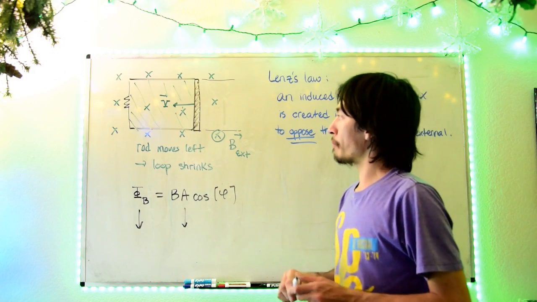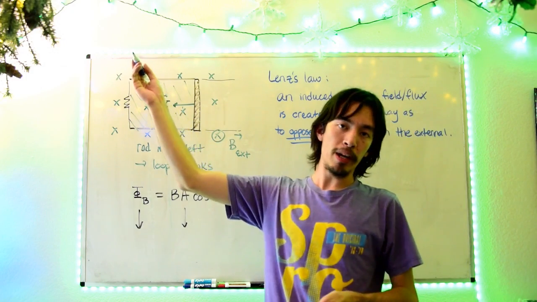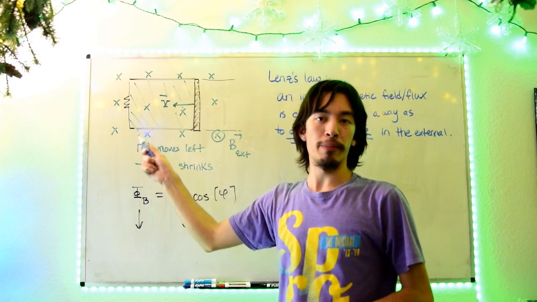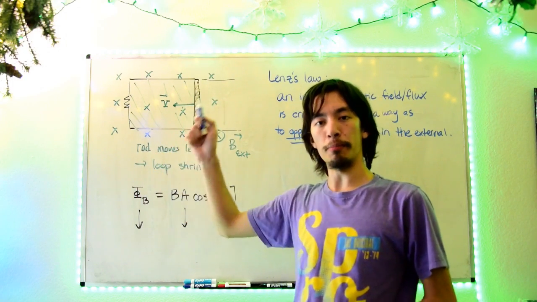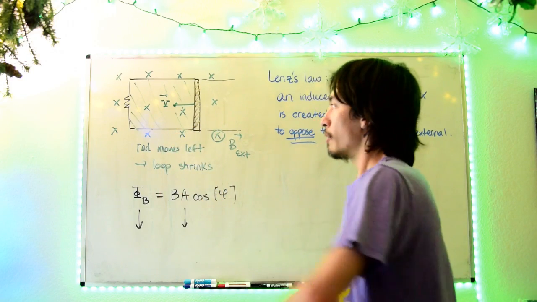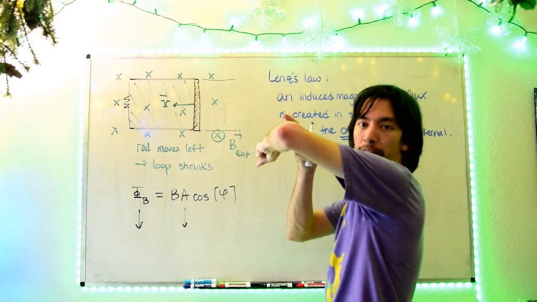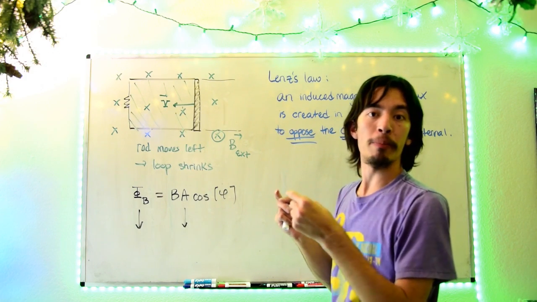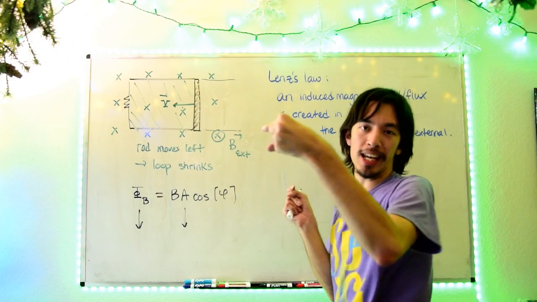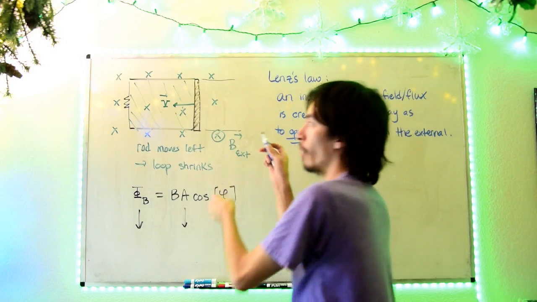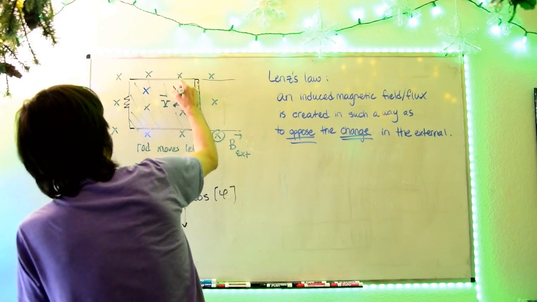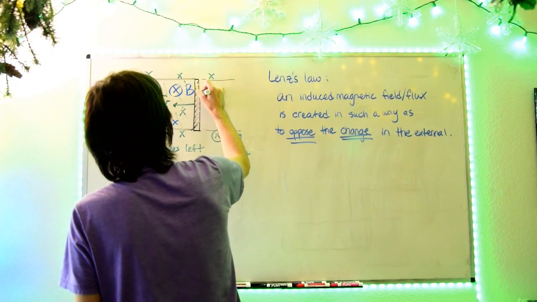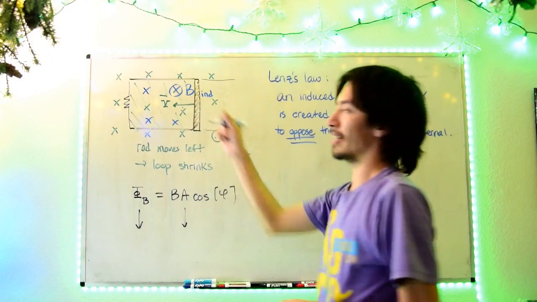So you have two options. You can point something out of the page, or you can point something into the page. Now, if you're trying to prevent it from being taken away, then you need to point something in the same direction. Because think of it as this vector that's pointing into the page and it's shrinking in size. In order to help it grow back, you have to point something in the same direction to keep it from going away. So you say there's a bunch of X's inside of here, and that is called the induced magnetic field.